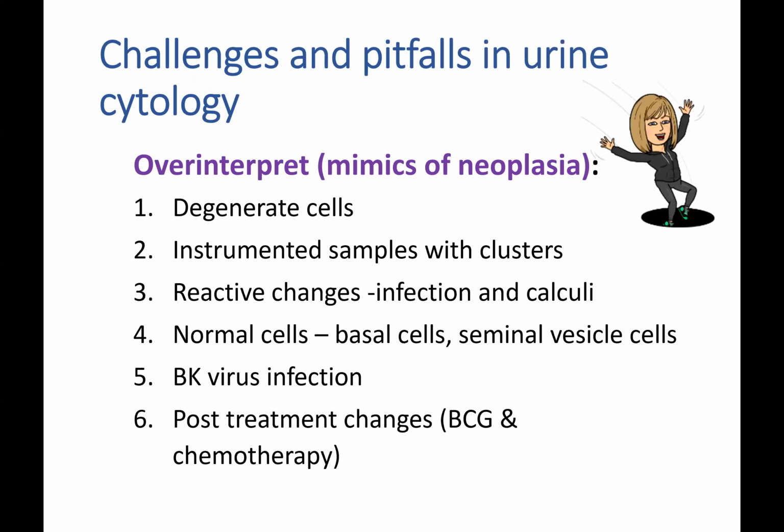So coming back to the pitfalls in urine cytology, when can we make the mistake of over-interpreting the features? Well, the common mimics of malignancy are when we've got degenerate cells, instrumented samples with lots of clusters, reactive changes often due to infection or renal calculi, the presence of normal cells, which can be tricky, including basal cells and seminal vesicle cells, infection with polyomavirus, and treatment changes due to BCG and chemotherapy.